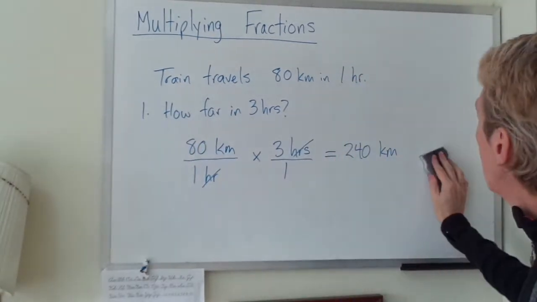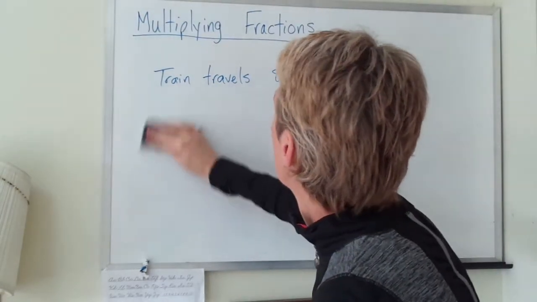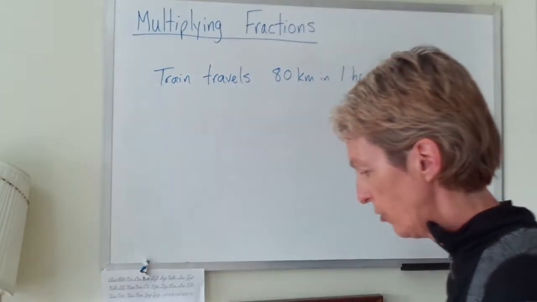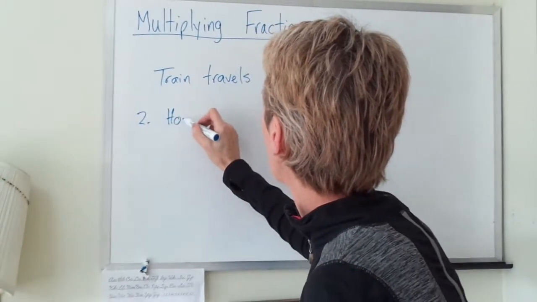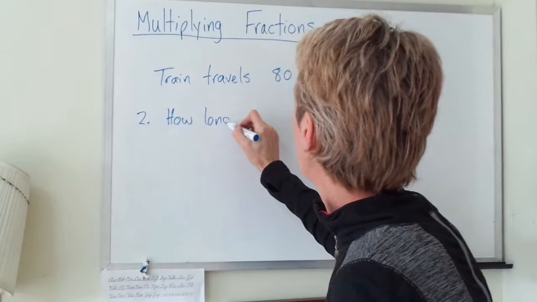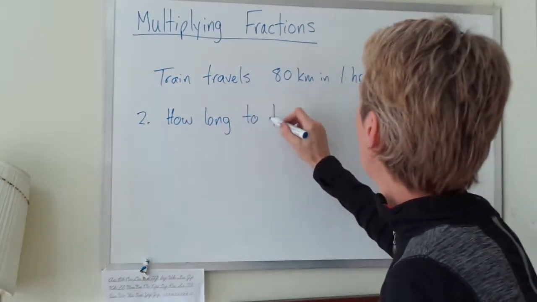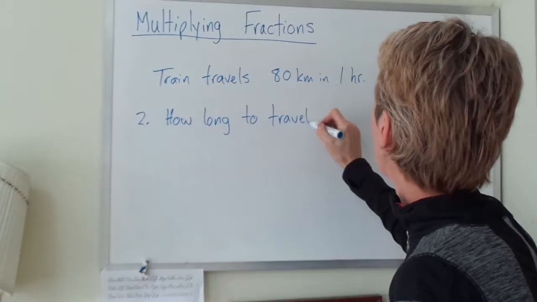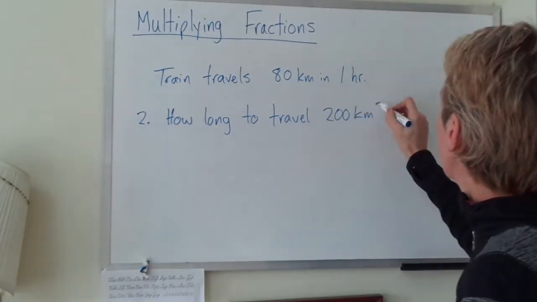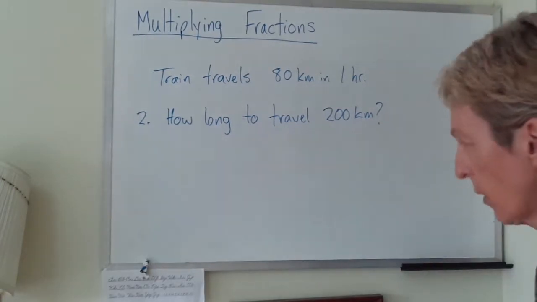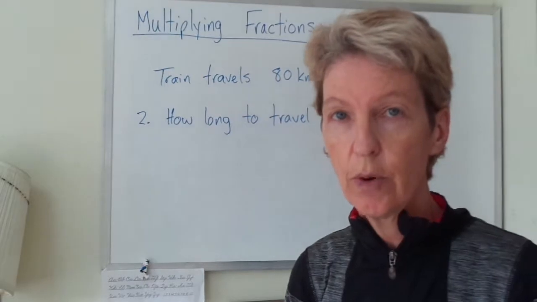Okay, what if the next part of the question is asking how long does it take the train to travel 200 kilometers? First thing we do is understand the question.